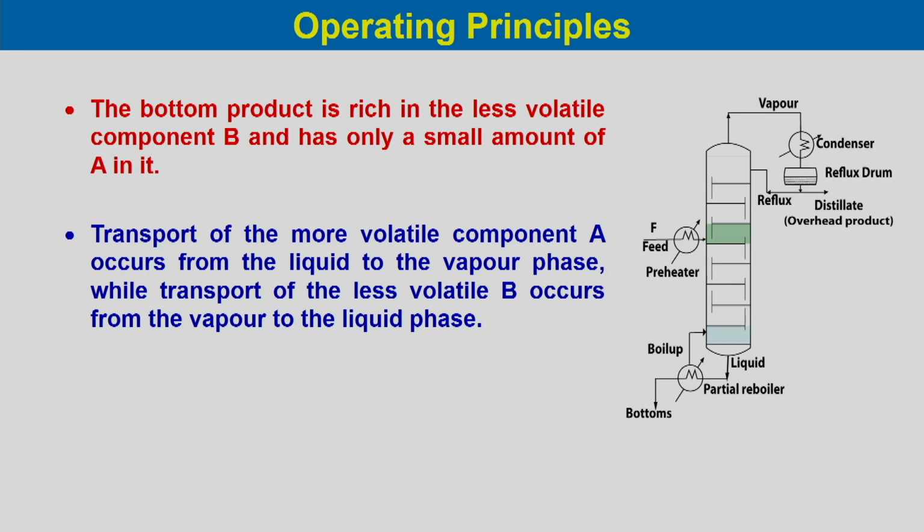So, throughout the column this phenomenon takes place from bottom to top. The more volatile component moves from the liquid phase to the vapor phase, and the less volatile component moves from the vapor phase to the liquid phase.